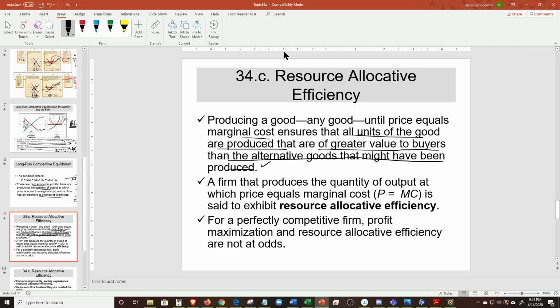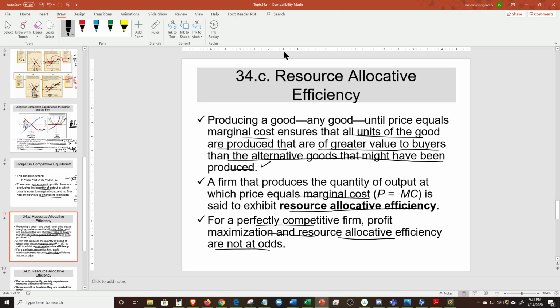So the resources are switched in to produce this good because that's where the most profits are produced. A firm that produces the quantity of output at which price equals marginal cost is said to exhibit resource allocative efficiency. For a perfectly competitive firm, profit maximization and resource allocative efficiency are not at odds.